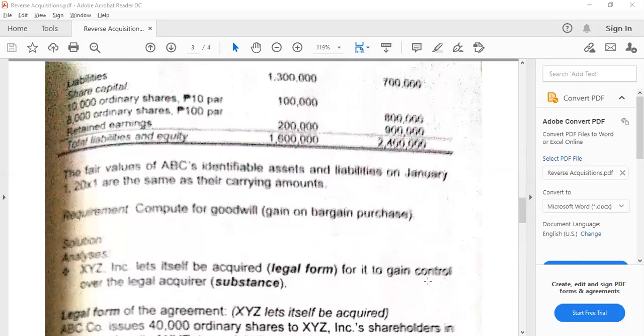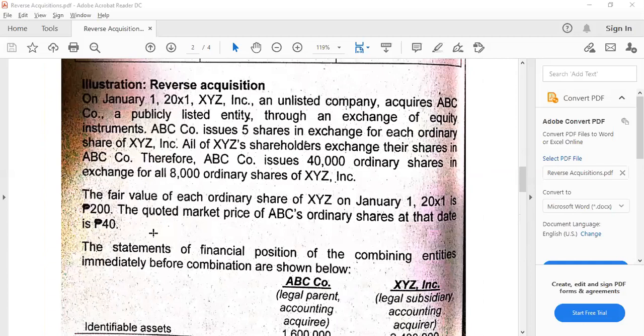And then 2,000 shares multiplied by the fair value of XYZ. Remember, I told you a while ago that although it was ABC that issued the shares, ABC company, that is the public company, is the accounting acquiree, right? It is the legal parent for contract, but accounting wise, it is the accounting acquiree. So again, why is it the legal parent?